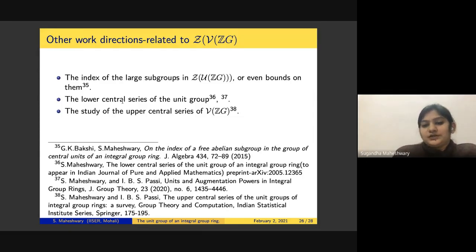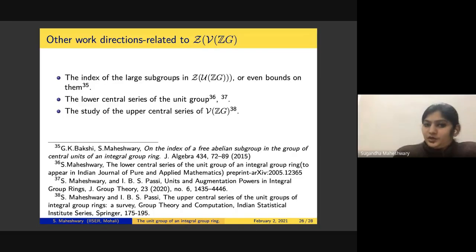This was analogous to the known things about the upper central series. What do we know about the lower central series? Even for the finite case, there is very little work which has been done in this direction to understand the lower central series of this unit group. While coming to the upper central series of VZG, the nice thing is that if G is a finite group, we know that it stabilizes at 2 steps. I mean, the second center is the same as the third center for all the groups.